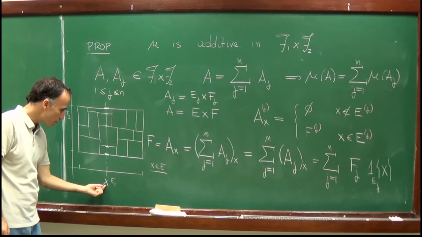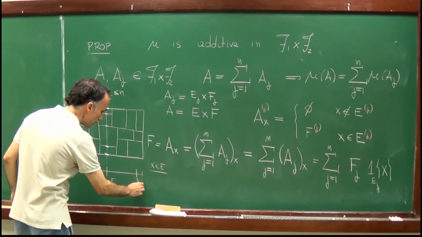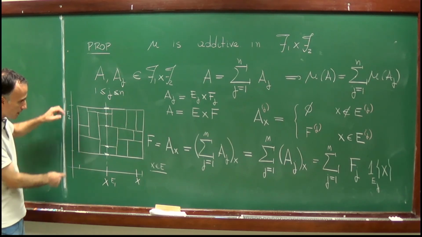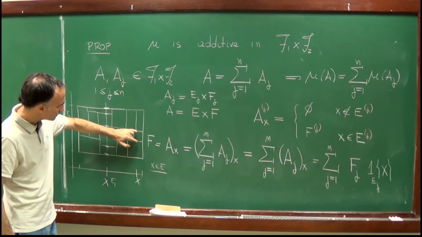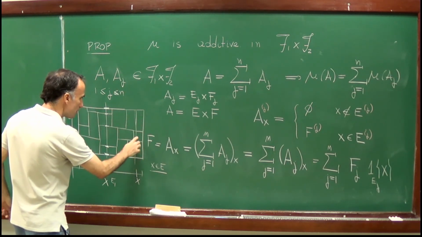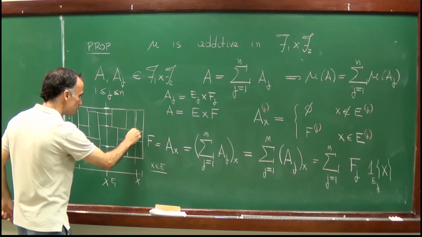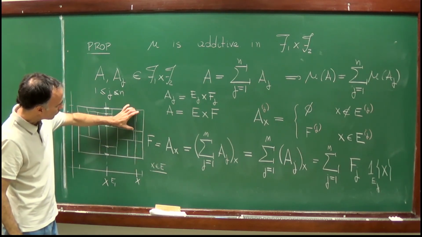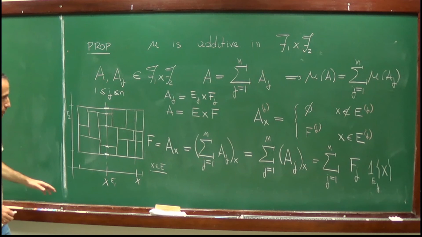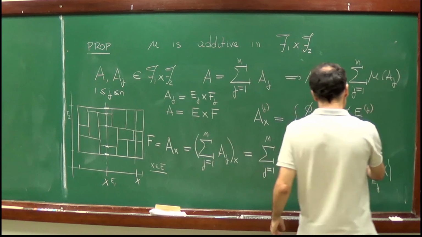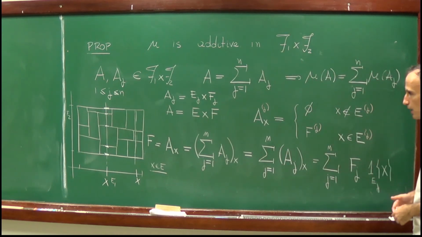Of course, if I take another value of x, now I'm representing the same set F as the union of these 3 sets, that one with that one with that one. So we have different representations of the set F as the union of the sets F_j. These representations all depend on x.